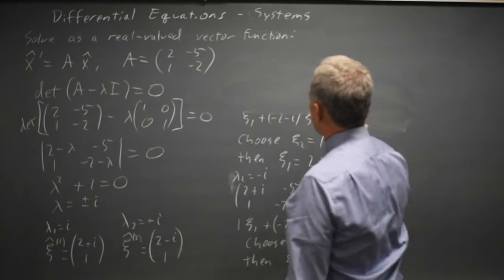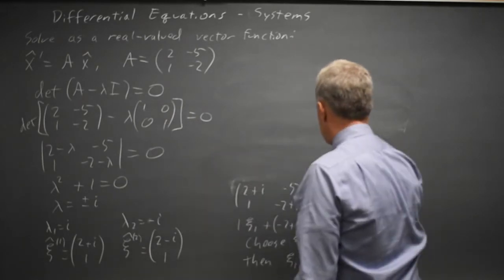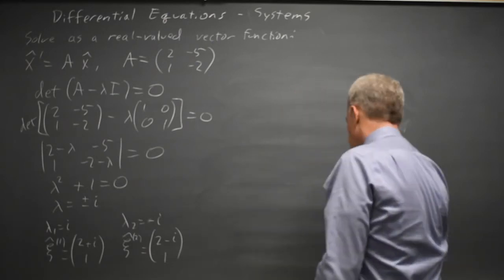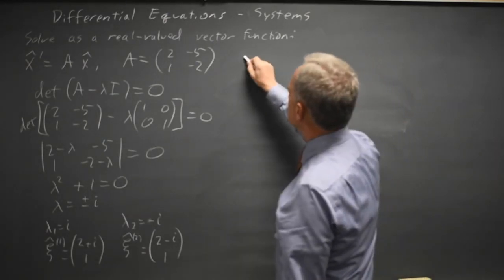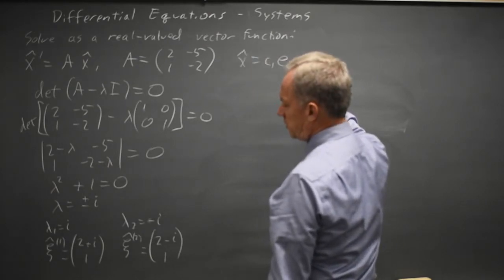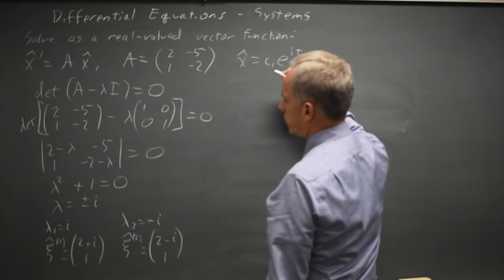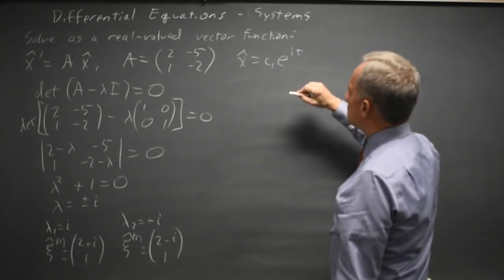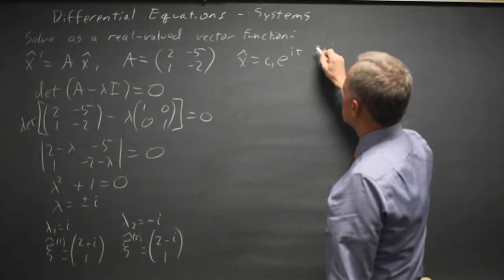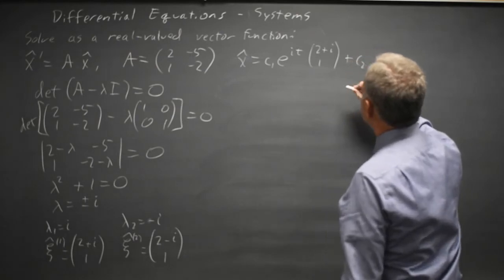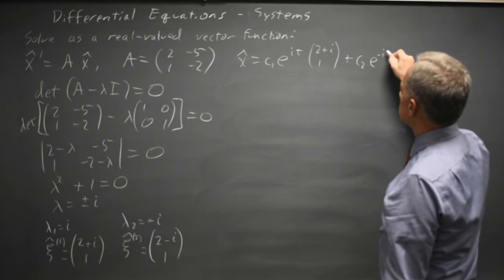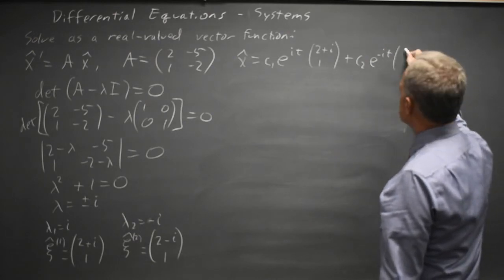Now that I have eigenvalues and eigenvectors, I can write my solution. x is C1 e to the lambda 1 t times eigenvector 1 plus C2 e to the lambda 2 t times eigenvector 2.